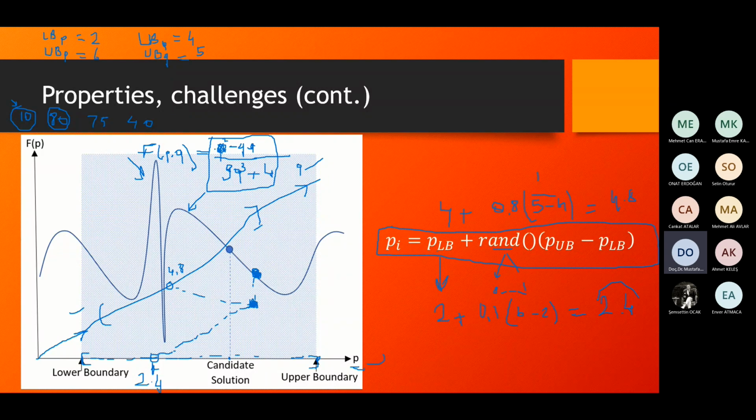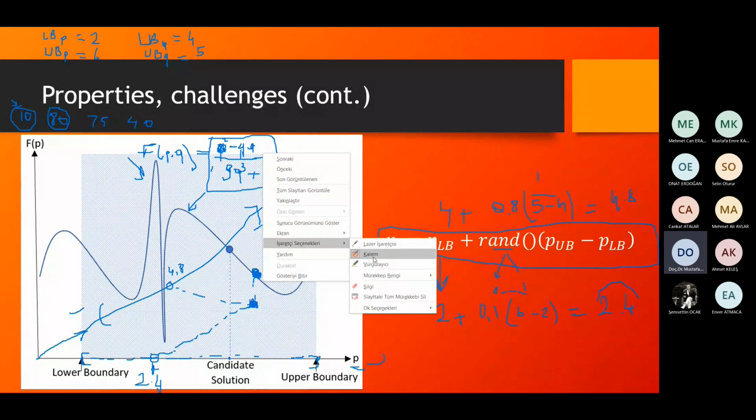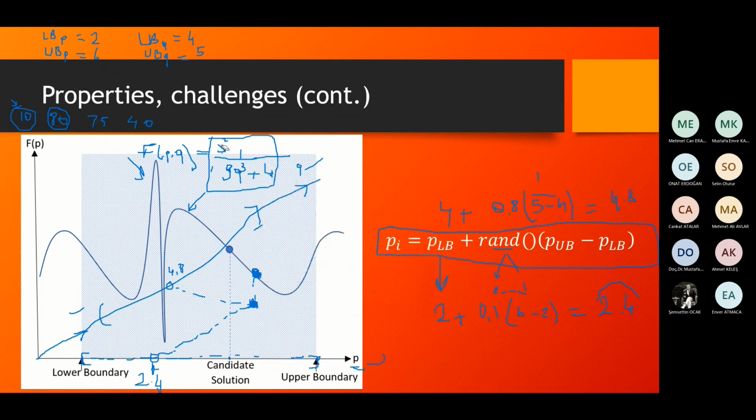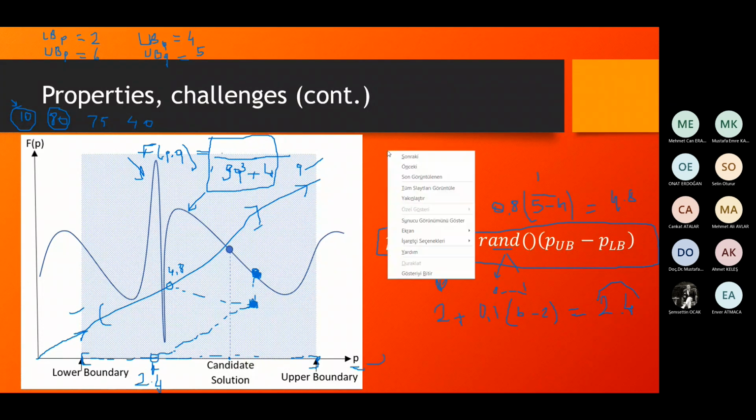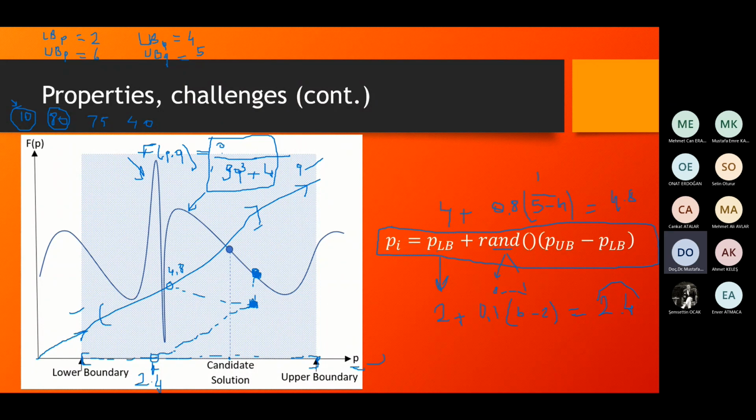P square minus 4 times q, and the bottom is 9 times q cube plus 4.